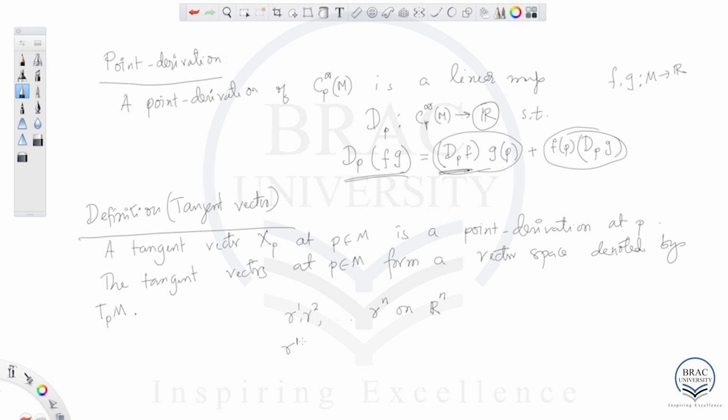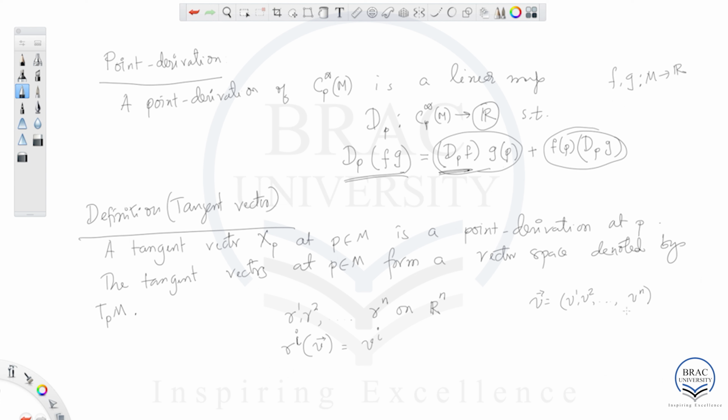If r^i acts on an element v, an n-tuple from this n-dimensional Euclidean space, v = (v1, v2, ..., vn), you just pick up the real number v^i, the ith component of that vector.